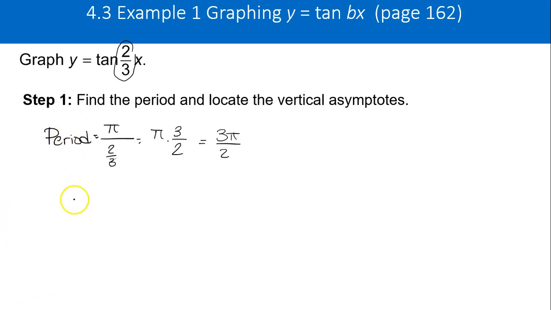So solve using your b, which is 2/3, so 2/3 x equals negative pi over 2. And you also need to solve 2/3 x equals pi over 2. Now solve for x. So multiply both sides by the reciprocal, 3 over 2. Same goes on this one.